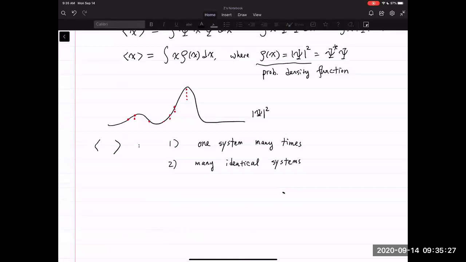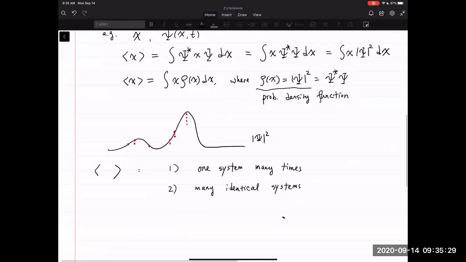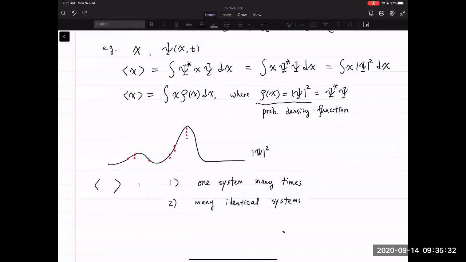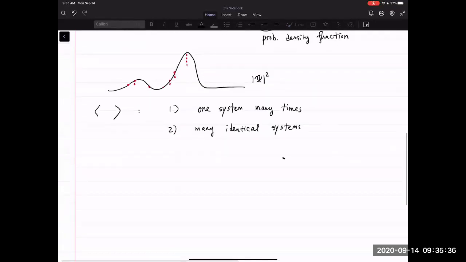Oh, by the way, this interpretation of the wave function as a probability density function is the so-called statistical interpretation, or Copenhagen interpretation.